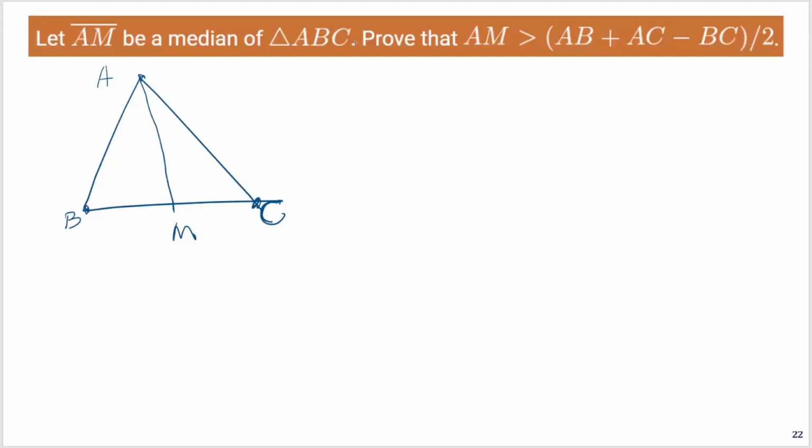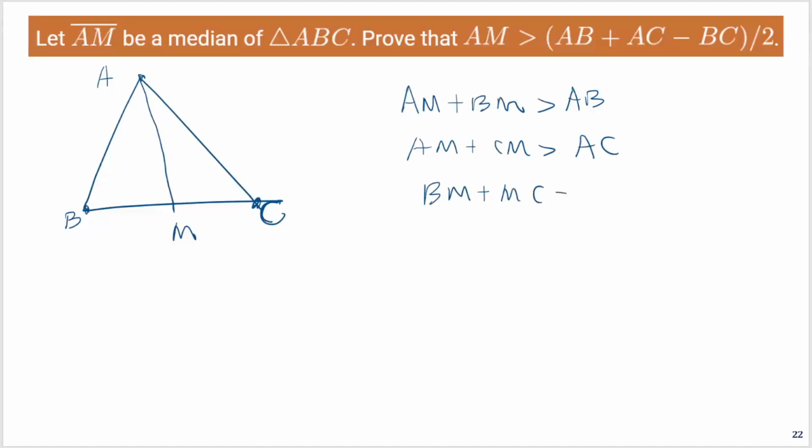Okay, I'll give you some hint. We can apply the triangle inequality to both triangle ABM and ACM, right? This means AM plus BM must be greater than AB, and AM plus CM must be greater than AC, right? So note that BM plus MC equals BC.